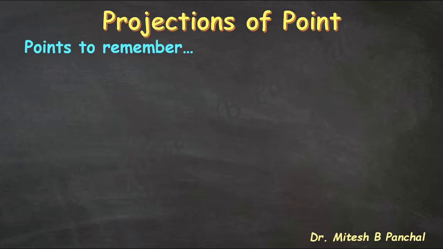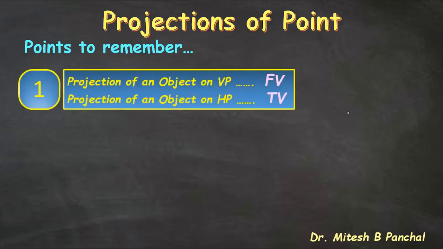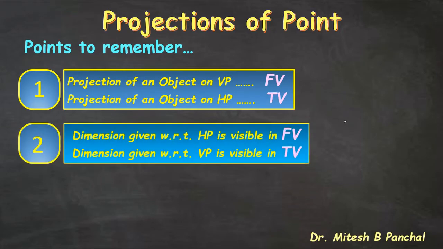As we know that there are three main important points which are required to be remembered for the projections of point. The first one is the projections of an object on VP is front view. Projections of an object on HP gives top view. The second point is related to dimension. Dimension given with respect to HP is visible in front view.